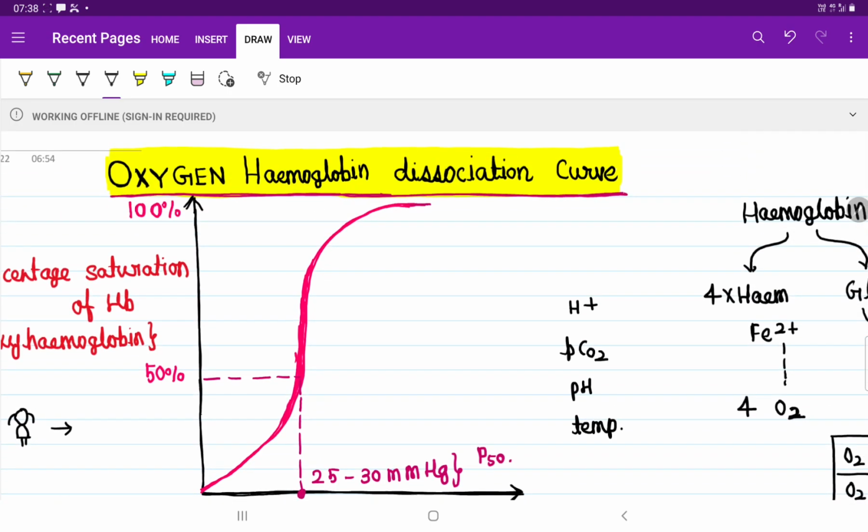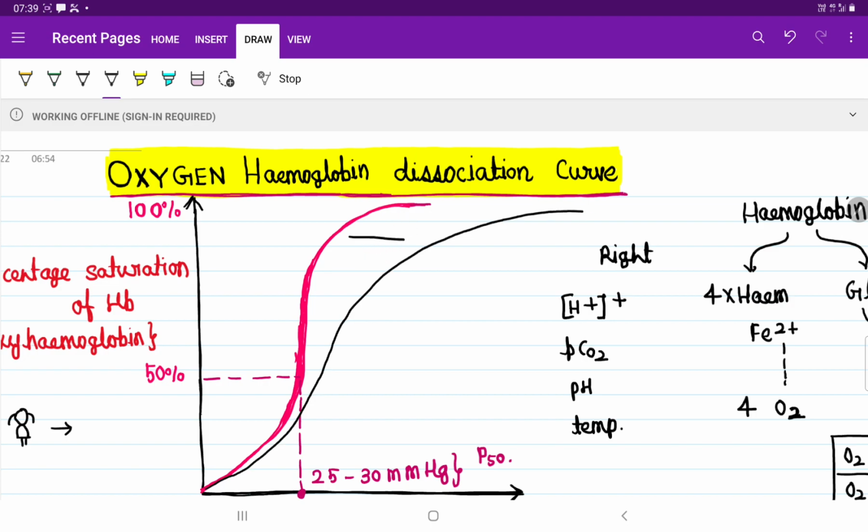Students, scientists observed that whenever in a medium we increase hydrogen ion concentration, the curve will shift to the right side, right hand side. You see here, it shifted right.